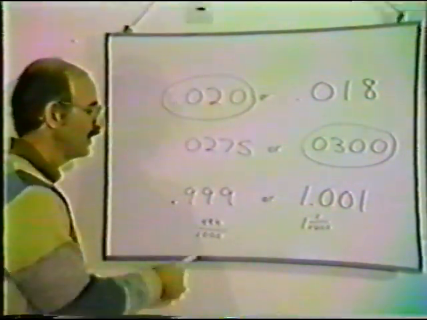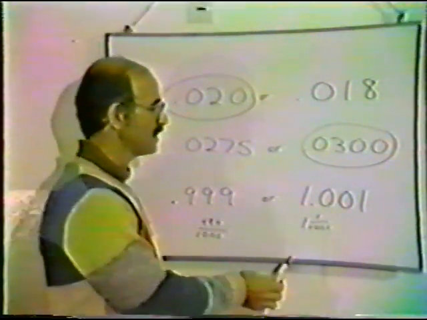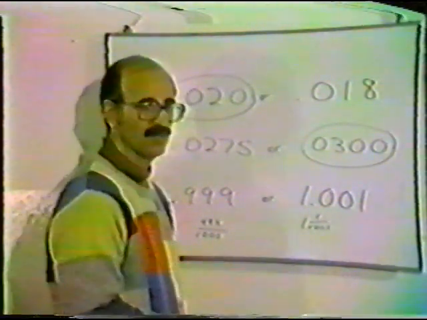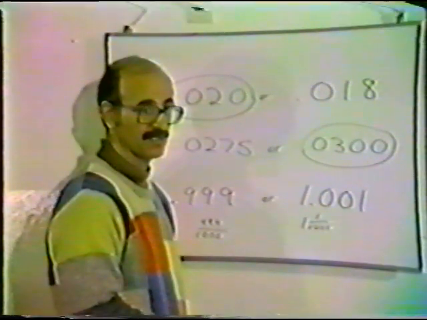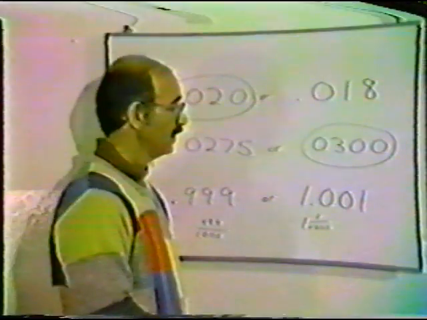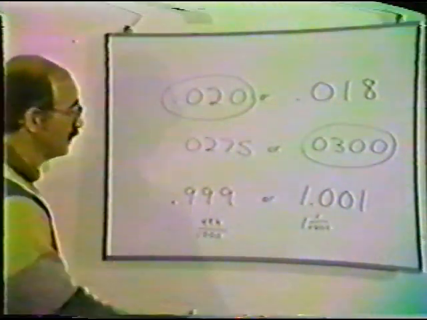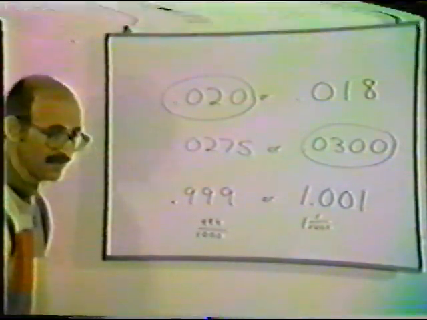All right? You didn't get to eat quite the whole thing. How about this? 1 and 1,000th. Is that bigger or smaller than 1? Bigger. This is 1 and a little bit, and this is a little bit less than 1.